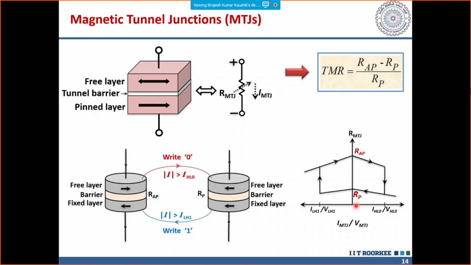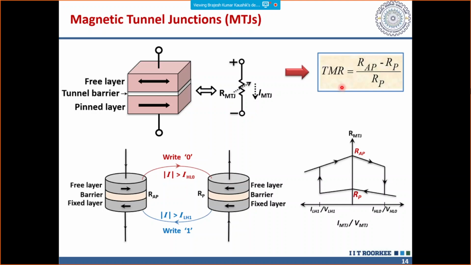Now these magnetic tunnel junctions are really very useful in that their size is very small. So you have the free layer and the pinned layer, a similar structure as you had for your GMR, and between the free layer and pinned layer there is a tunnel barrier, and then you have this TMR based on that.